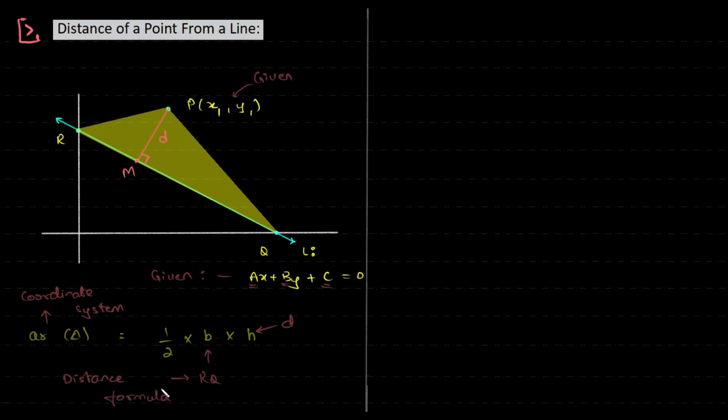It's the same thing as making use of coordinate system. But you guys are familiar with distance formula, right? So basically, I can find this. I can find this. This is an unknown. So I just have to figure out this. This is an equation. I have one unknown. I know everything else. I'll be able to find this. So this is the entire funda. Okay. So what is the sequence of thinking?